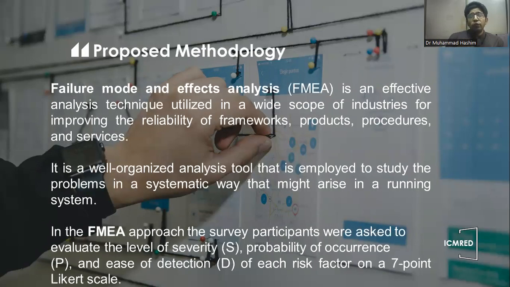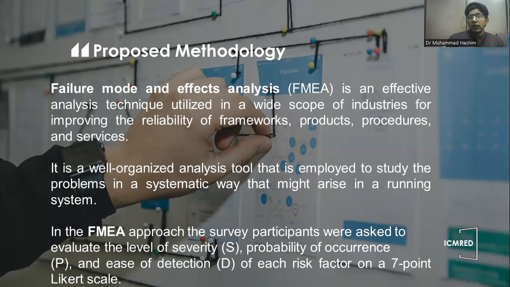So to achieve these objectives, we propose this study. In this study, we applied the technique failure mode and effect analysis. This analysis tool is an effective technique utilized in a wide scope of industries for improving the reliability of frameworks, products, procedures, and services.